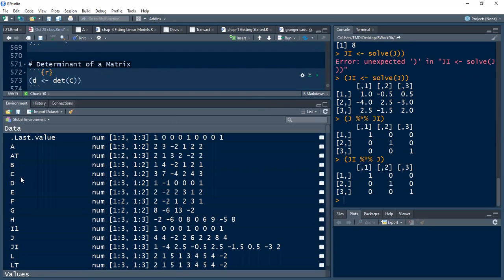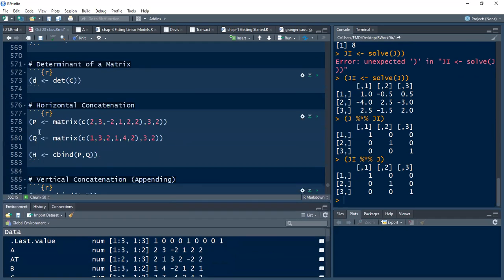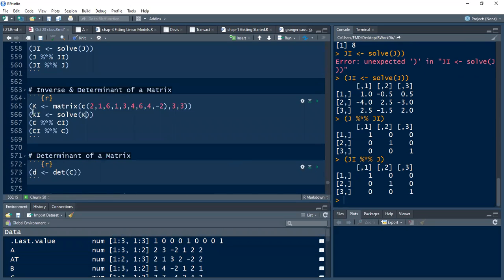We have C here, guys. If we create another object called C, then it will overwrite that C. So let's just use another letter, capital K, because R is case sensitive.